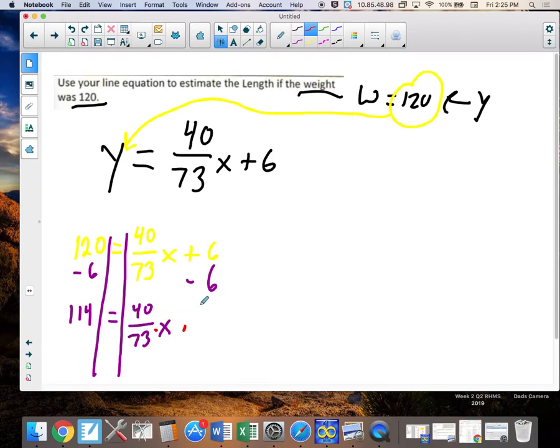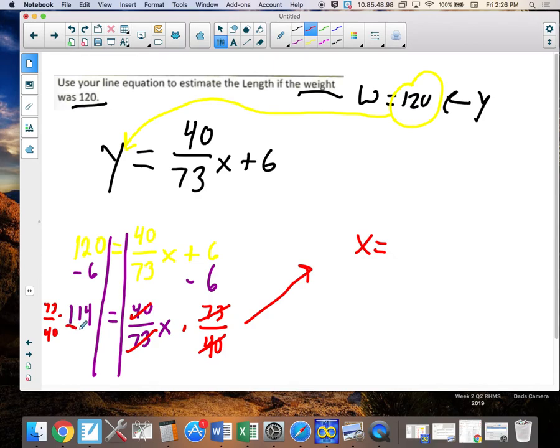We have a nifty little helpful trick that we can multiply by what's called the reciprocal, or the flipped version of this fraction. I'm going to do the same thing to the other side. 73 and this 73 cancel out because 73 divided by 73 is 1. 40 divided by 40 is also 1, leaving us just x.